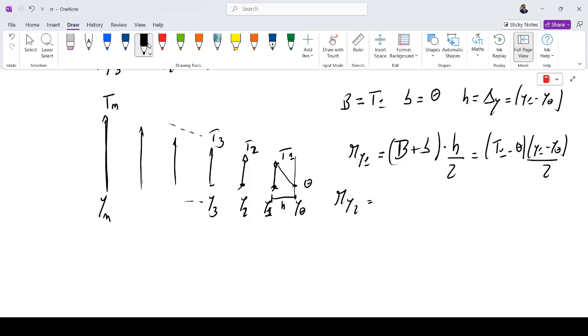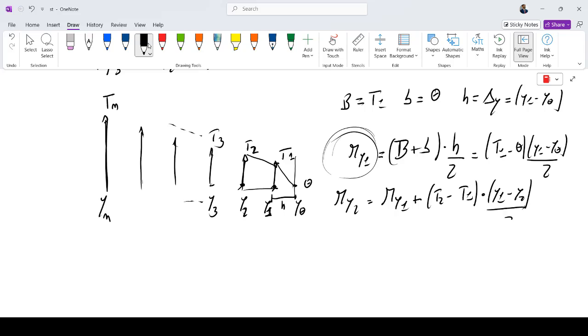My2 is equal to the previous moment, the moment calculated now, my1, plus this. In this case, T2 minus T1 times y2 minus y1 over 2. And this is the moment at station y2.